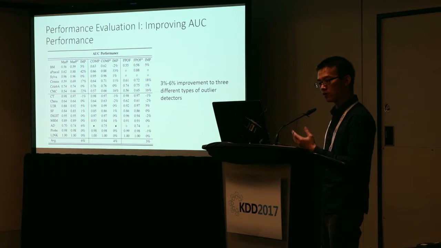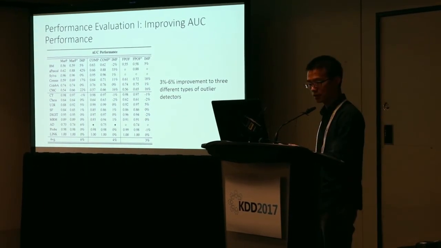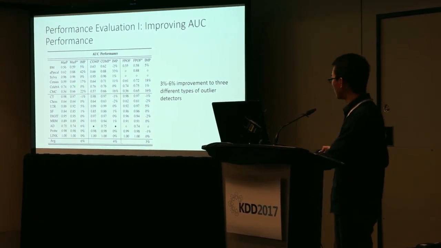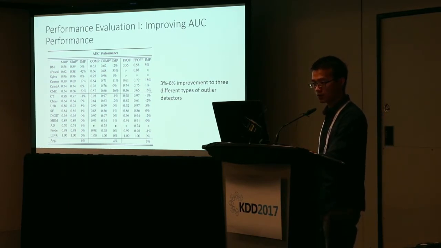But after removing such a high percentage of features, it is impressive that we still have a very large AUC performance gain across 3 different types of outlier detectors. This is the probability test-based method, and this is the information theory-based method. You can see the AUC improvement is substantial.